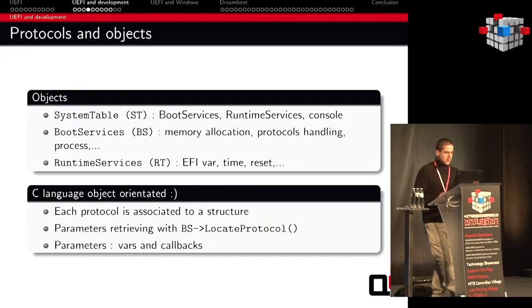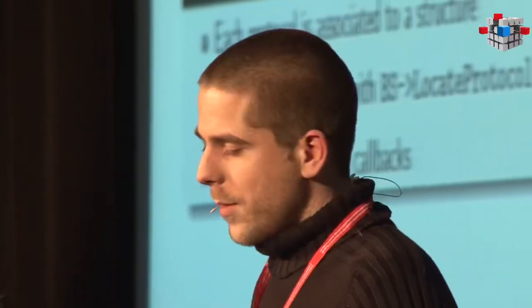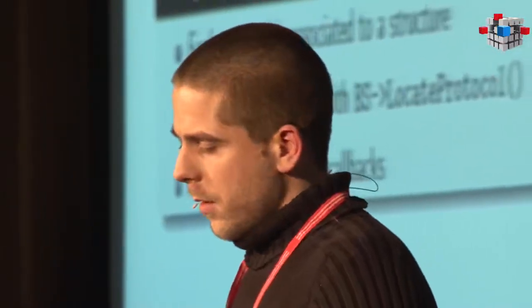So it's pure C language, but we can say it's object-oriented programming in C. In fact, you can use a UEFI object using a specific function called locate protocol. In fact, every UEFI service is called a protocol in the specification.